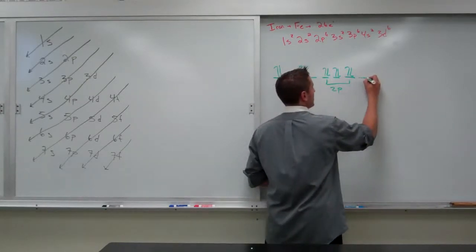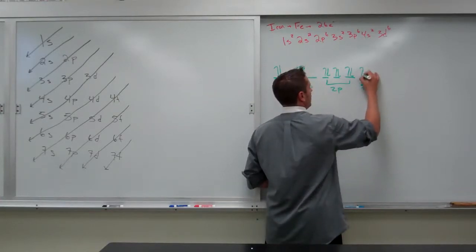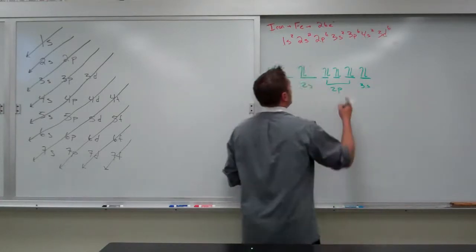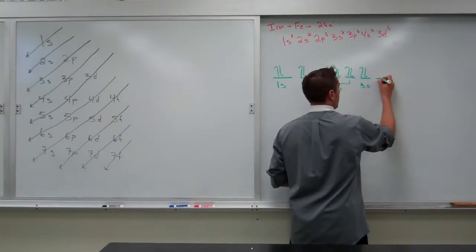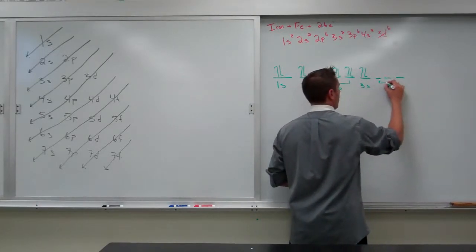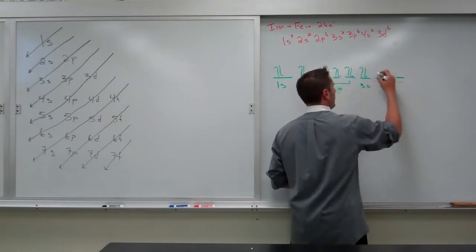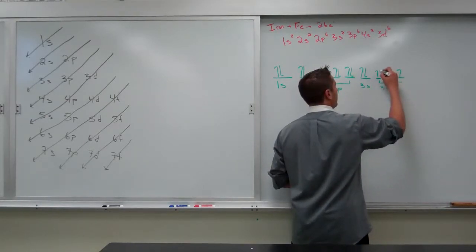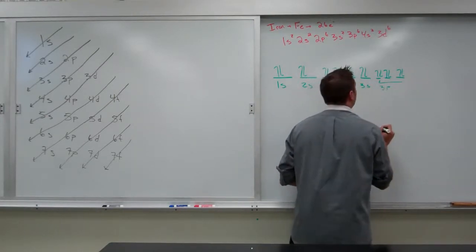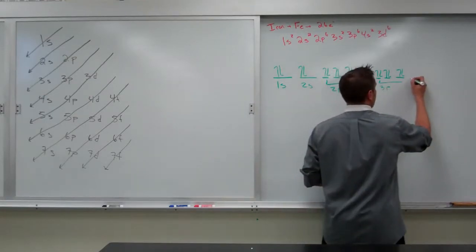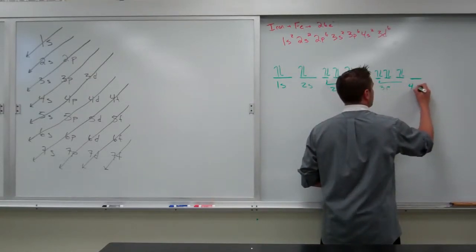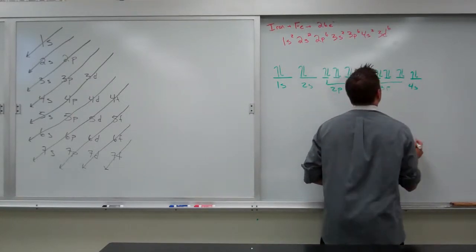Next is a 3s, s only gets 1, up and a down. 3p, it's a p, so 1, 2, 3, all 3p, up, up, up, down, down, down. Next is an s, 4s, it gets an up and a down.